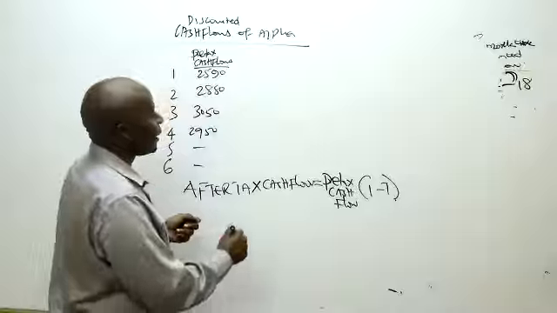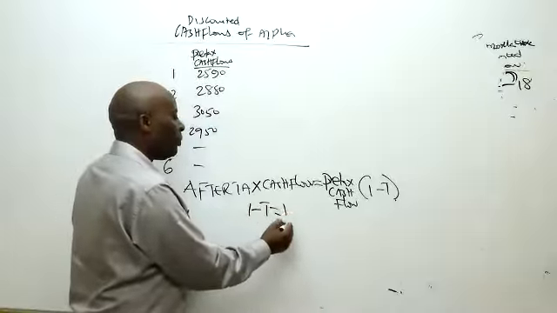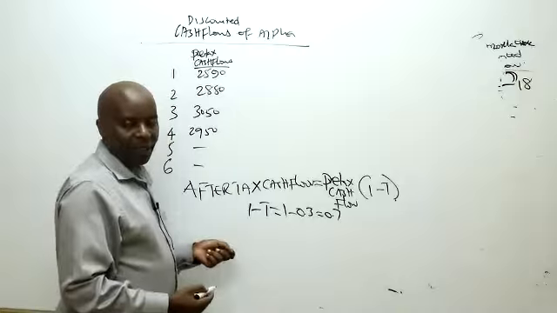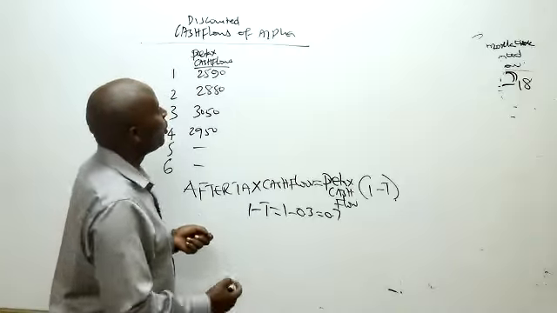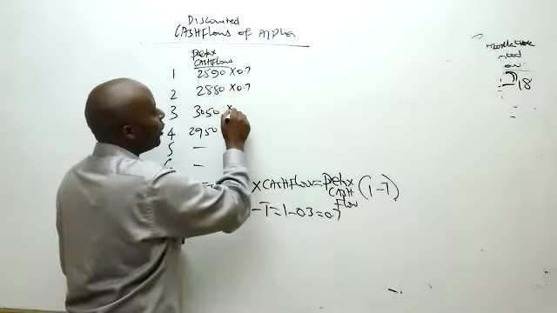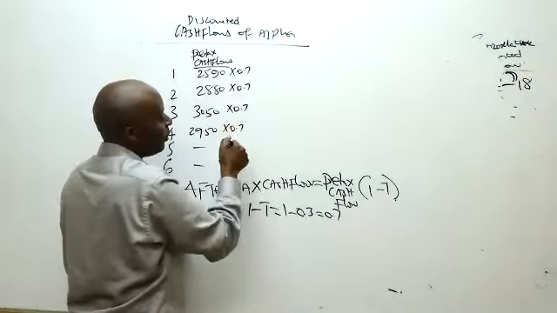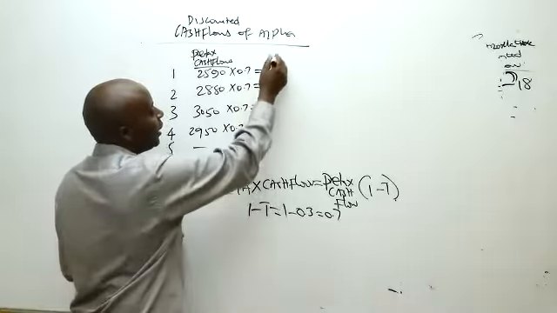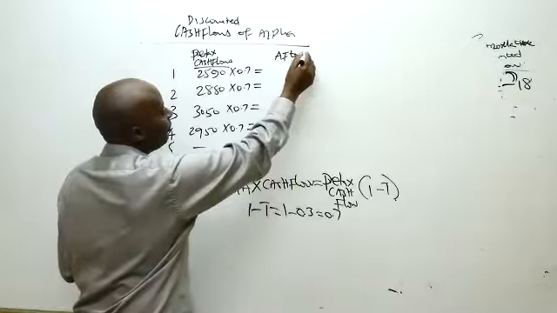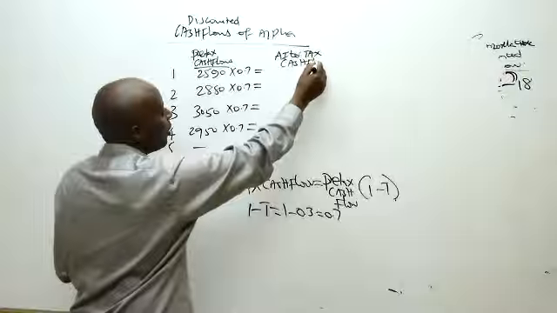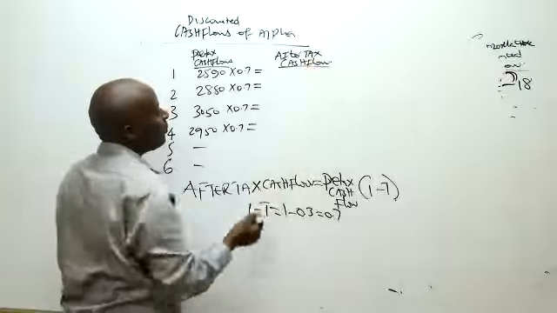So it means that my 1 minus t will be 1 minus 0.3, which gives me 0.7. So what you need to do is to multiply these figures consistently with 0.7 for you to be able to get the after-tax cash flow.